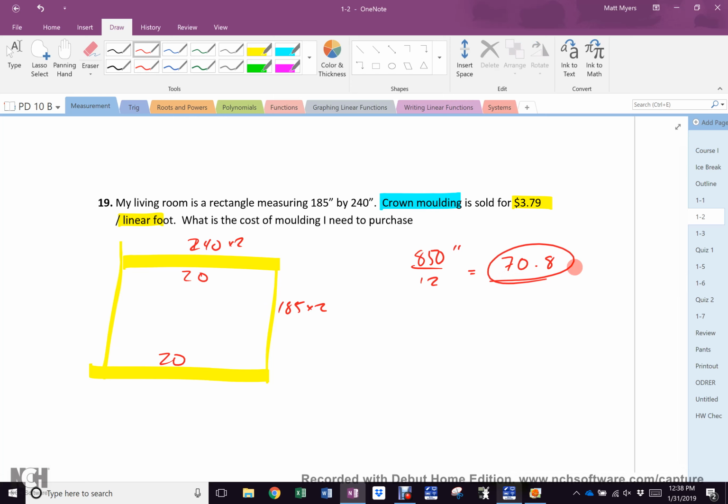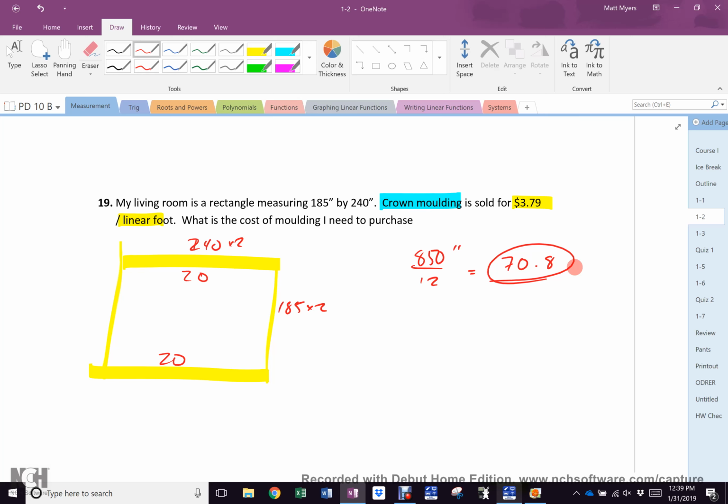In reality, would you only buy 71 feet? No, of course not, because what happens all the time? You mess up. You measure once and cut once instead of measuring twice and cutting once. So if you were really a contractor, you would not buy the exact amount you would need. But you're not contractors, so you would get full marks for 71. Is everybody with me? Wonderful.